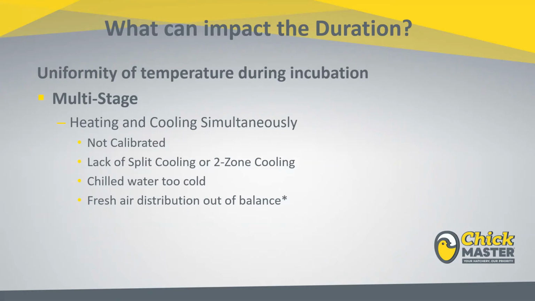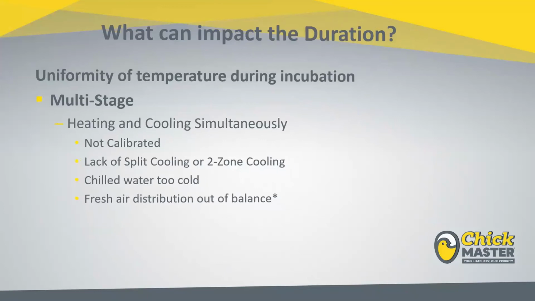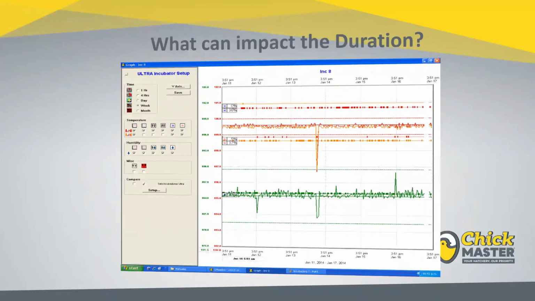And due to the lack of fresh air availability to the rear, the rear of the machine will essentially overheat, so it's sitting there trying to cool. So fresh air distribution out of balance is a big key in having a machine that's more consistent with uniform temperatures.